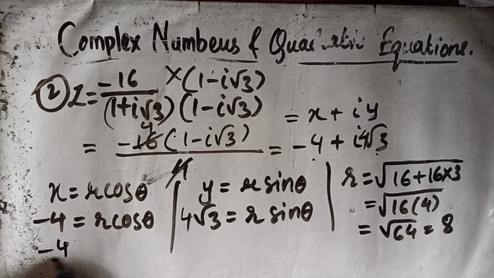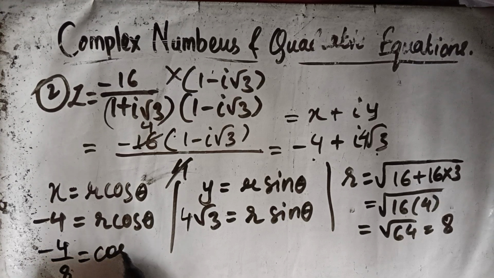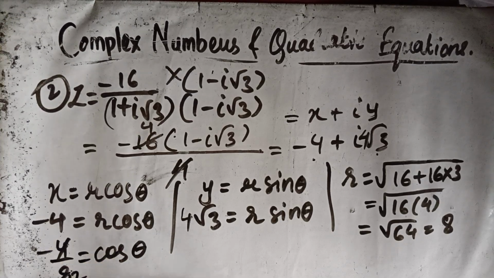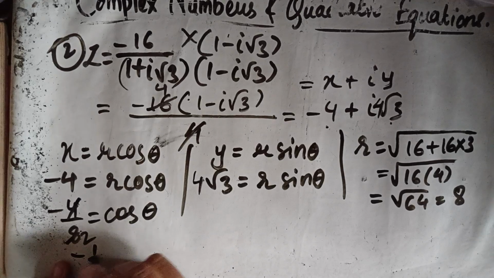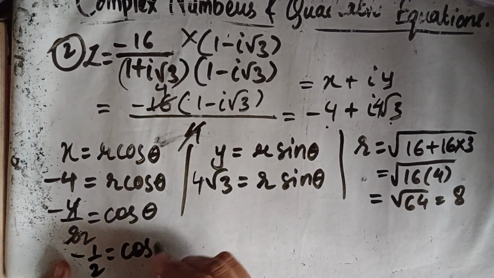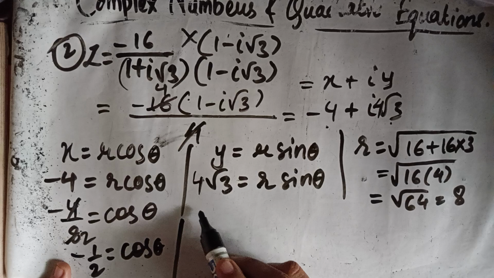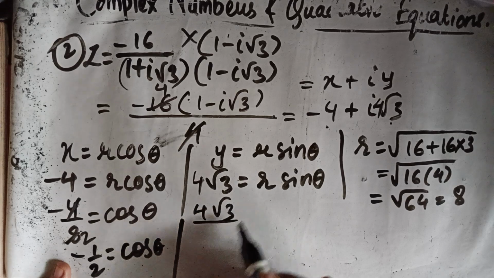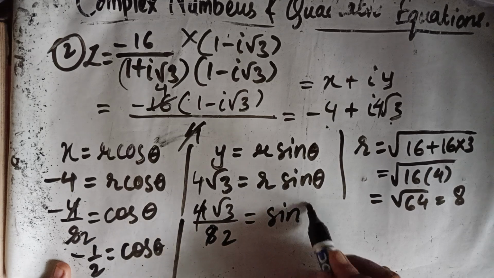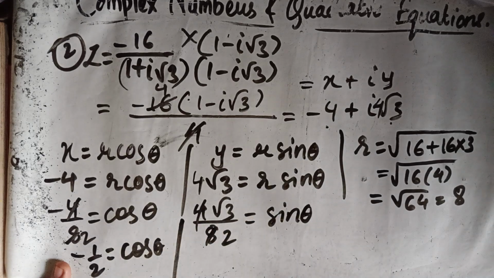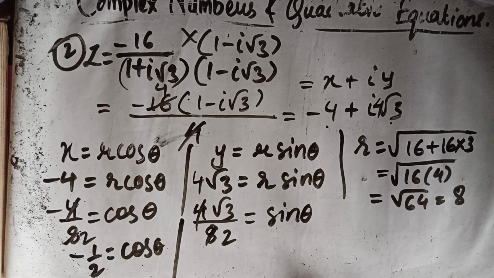Okay. So cos theta is minus half and sin theta is root 3 by 2. Okay.